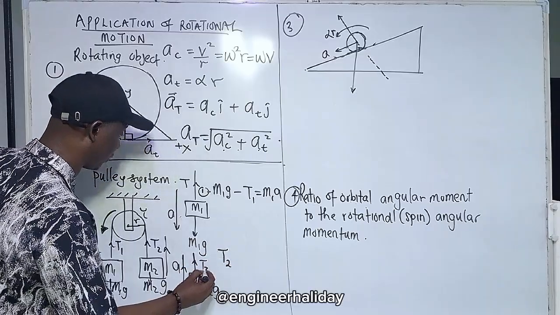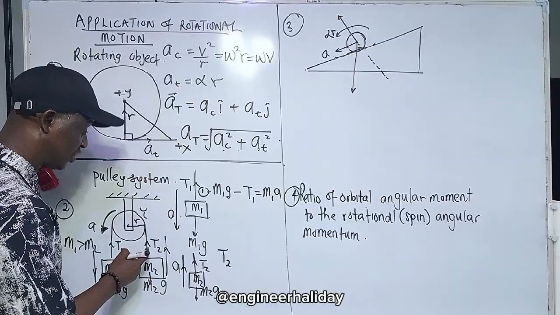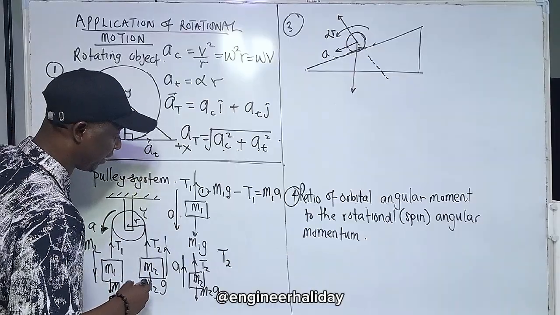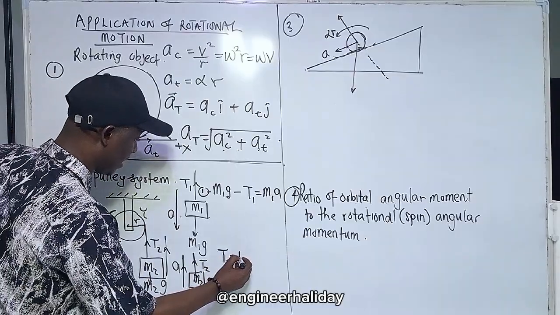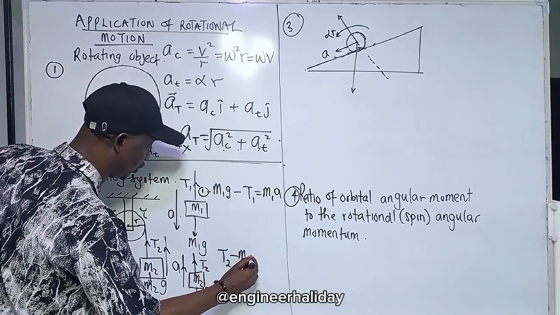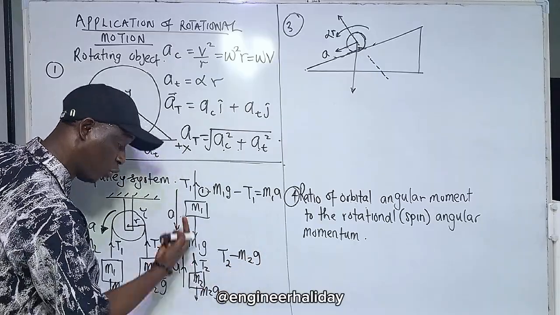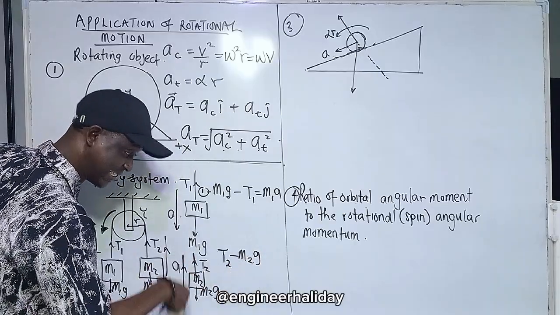I call it T2 so I can differentiate it from T1. Here we have a couple system. Minus M2g, because we assume that the upward force is greater than the downward force.